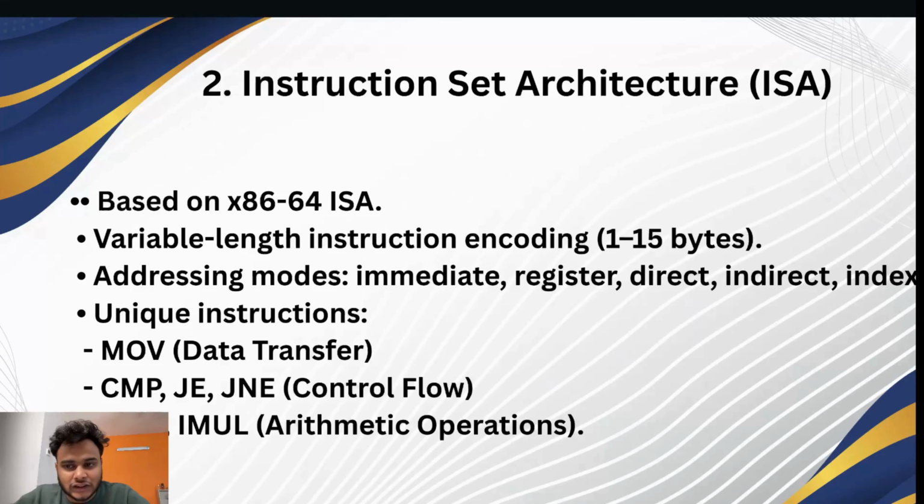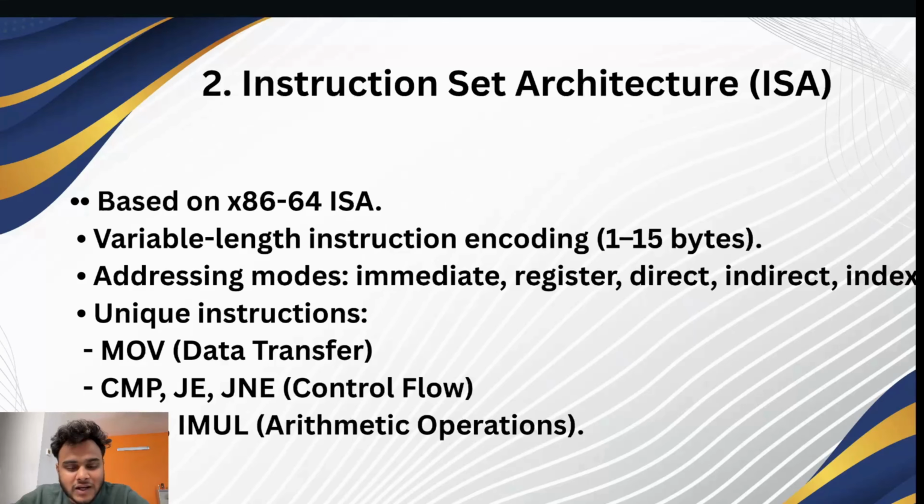Instruction set architecture, ISA. Next, let's talk about the instruction set architecture, or ISA. Skylake follows the x86-64 instruction set, which supports both 32-bit and 64-bit operation. One unique aspect of this ISA is that instructions are variable length, ranging from 1 to 15 bytes.